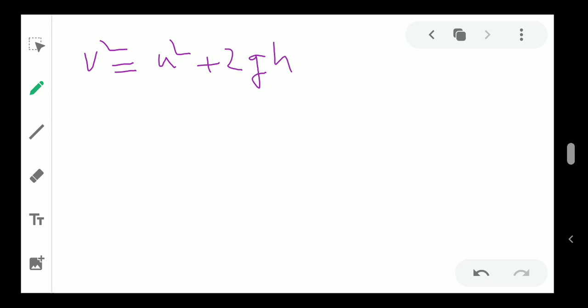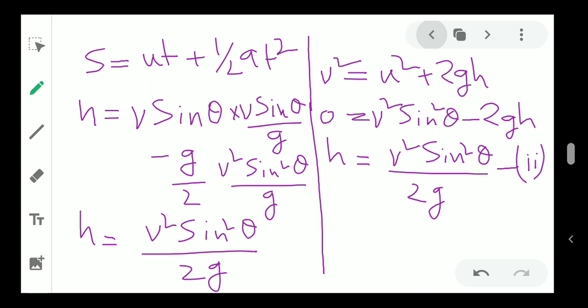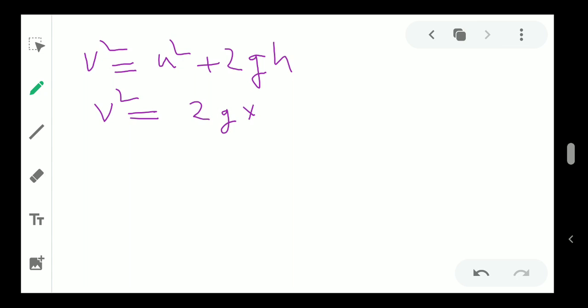My initial velocity u is 0 in this case, so I can write 2g. Now for h, I can write the formula v square sine square theta by 2g. If I use that here, you can see the 2g is gone.